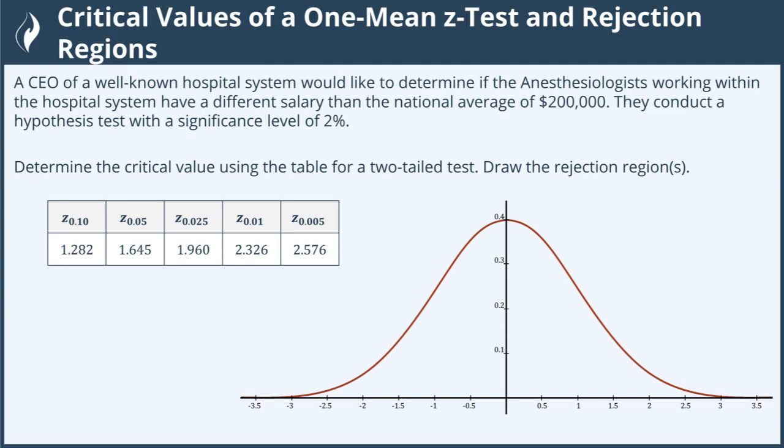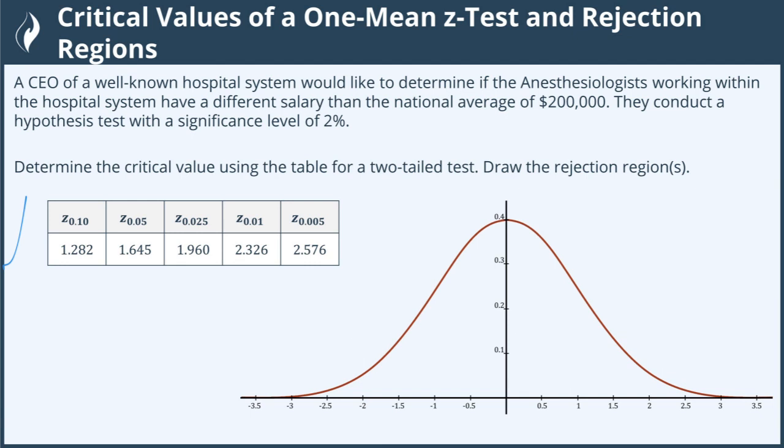I'm going to use blue. So a CEO of a well-known hospital system would like to determine if the anesthesiologists working within the hospital system have a different salary than the national average of 200,000. They conduct a hypothesis test with a significance level of 2%. So determine the critical value for the table for two-tailed tests.